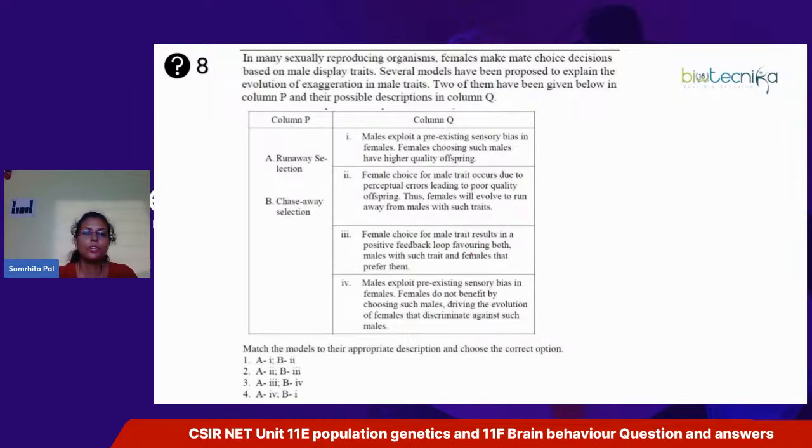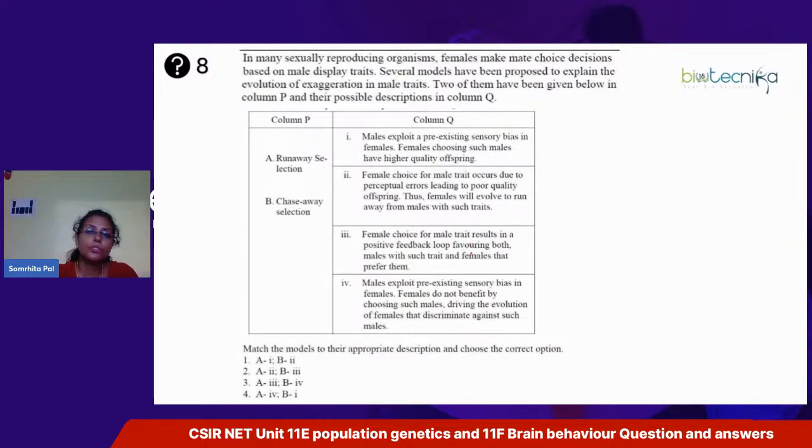Like in most of the cases, it is the female who is giving more time, more parental care to her offsprings. She is giving more energy in taking care of these offspring, in reproducing these offsprings. So most of them, it is the females who get the chance of selecting their own mates.